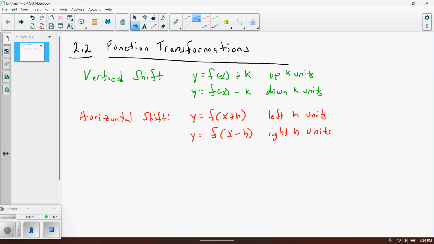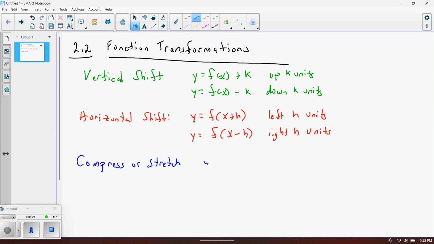We can compress and we can stretch functions. Oops, that is supposed to be in a different color. It's not working. There we go. We can compress or stretch functions, and you can actually do so both vertically and horizontally. Once again, to affect a vertical, you're going to do something to the y value.